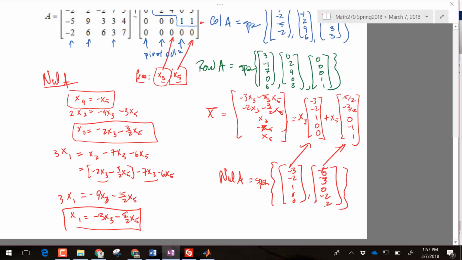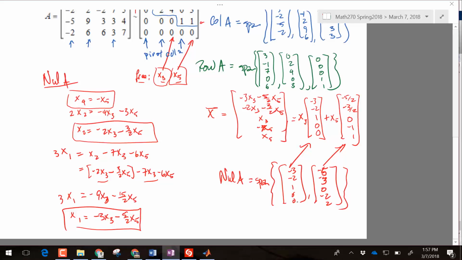So anything in this span will be in the null space, which is to say that if I take any linear combination of these two vectors and apply it to the original matrix A, it's going to go to 0.